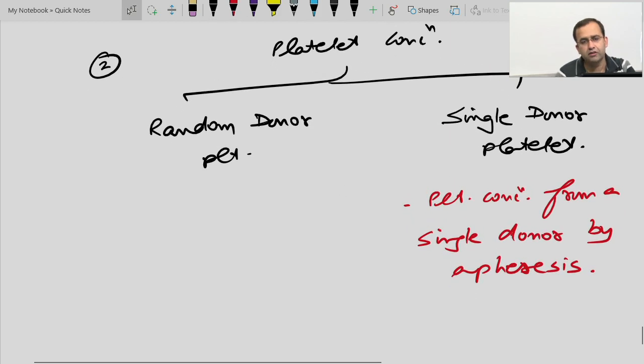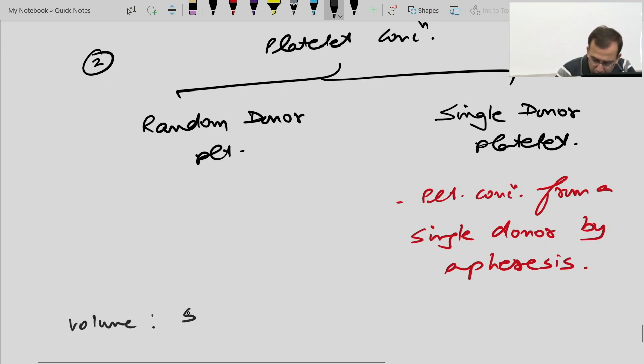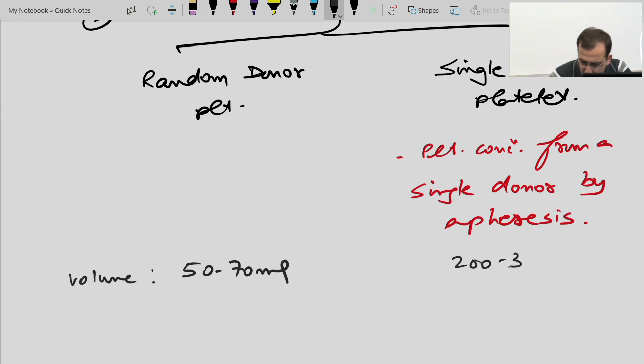So let us see their features. The difference between the two is, for single donor platelet, everything is multiplied by 3 to 5. Starting with volume, random donor platelet is 50 to 70 ml versus a single donor platelet whose volume is 200 to 300 ml.